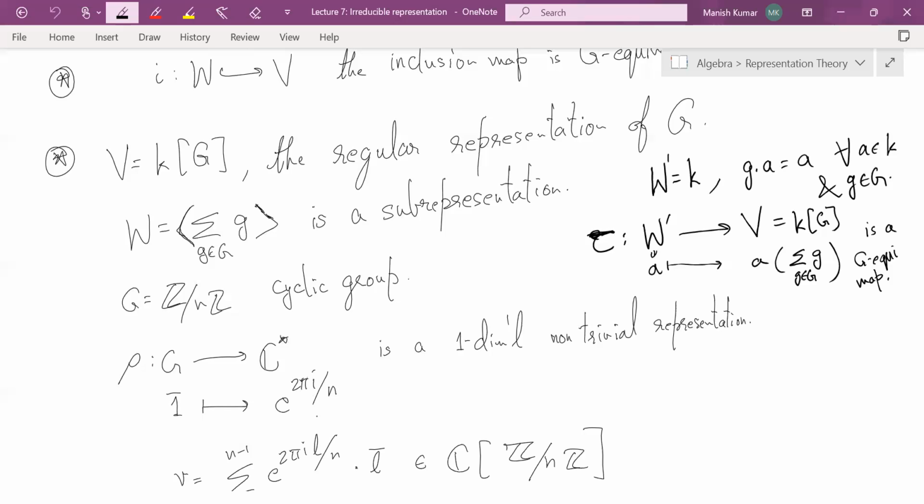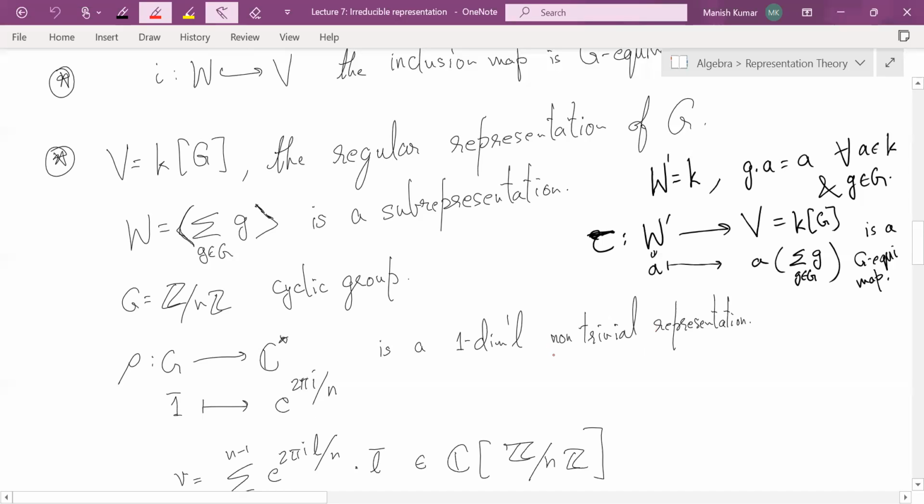So let's consider this. This is a one-dimensional representation of G, and it's a non-trivial representation. Last time I also told you, though we haven't proved it, that every irreducible representation will appear here.